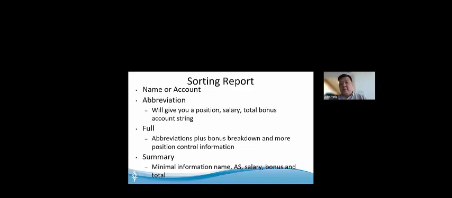But if you want more position control information, like how many days they work per week and stuff like that, you'll want a full report. Or if you want the bare bones, you'll just pick summary and it'll give you the minimum information like account strings, salary, bonus, but it won't break everything out. You can also organize it by name or account string.